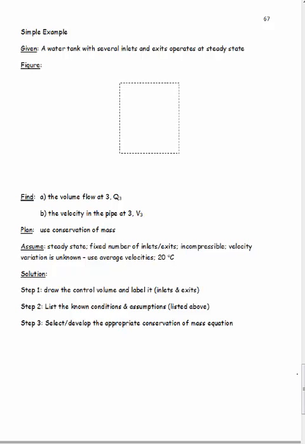Whoa, the tank part seems to be missing in mine. But we have an inlet here, we've got an exit here, and we've got something here. We don't know if it's an inlet or an exit. So I've already labeled these 1, 2, and 3, our inlets and our exits.